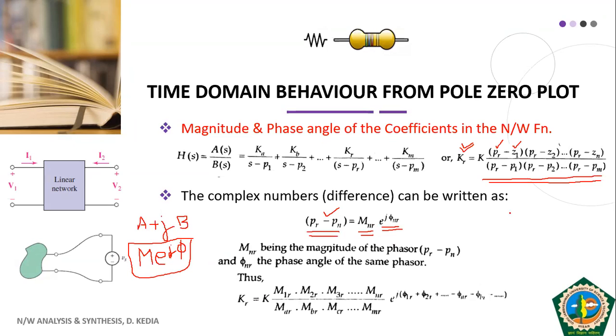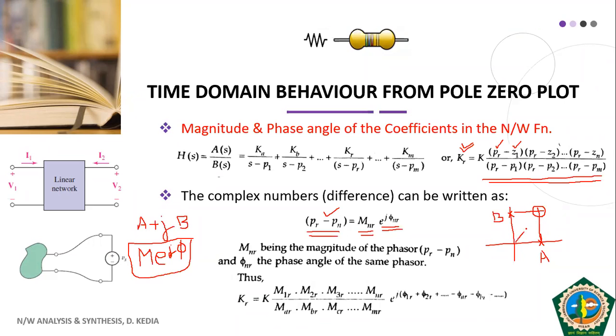And graphically, how do we represent it? Graphically, your complex number can be represented with the help of phasor. If we have, say, a plus jb, so on x-axis we have a, on y-axis we have b. And your a plus jb will come here. This is a plus jb.